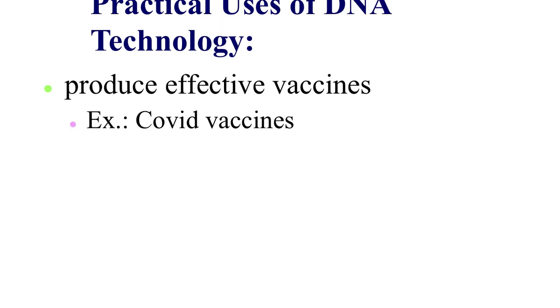We can make effective vaccines. For example, the COVID vaccine was made by isolating the genes in the COVID virus. Once the genes were isolated, we could make that gene and change it so it wasn't going to cause COVID symptoms.